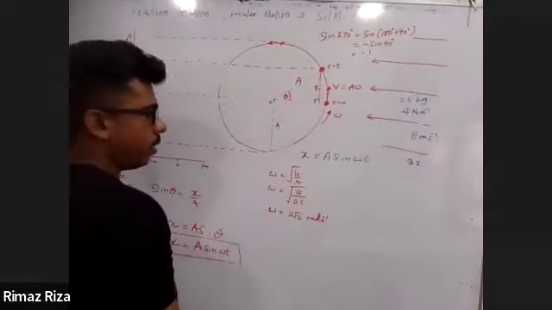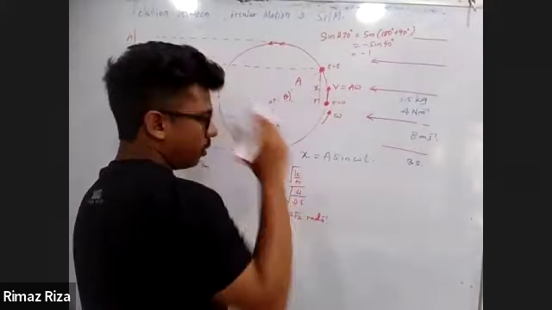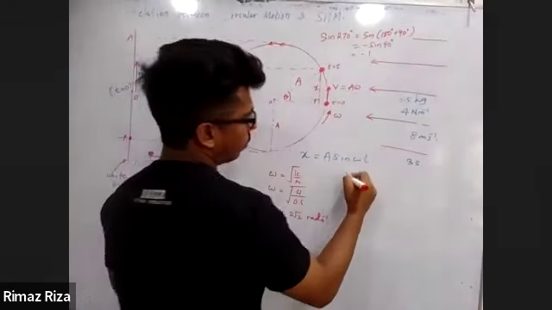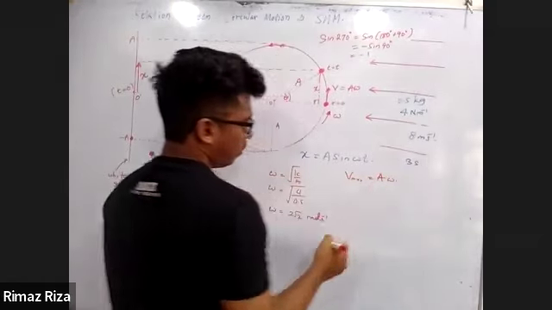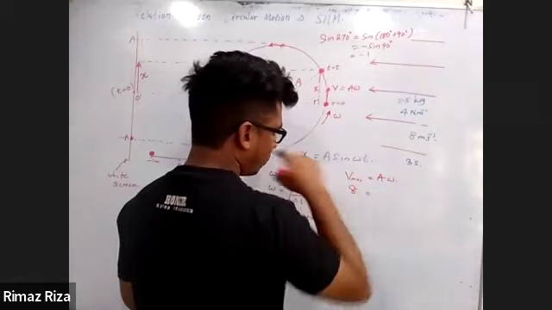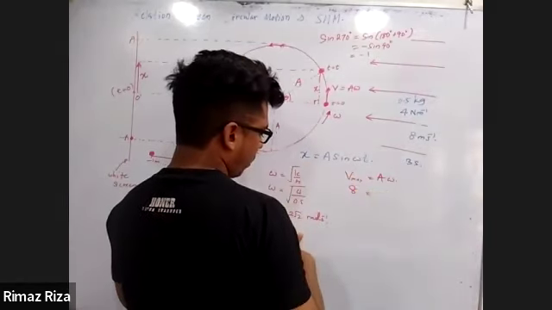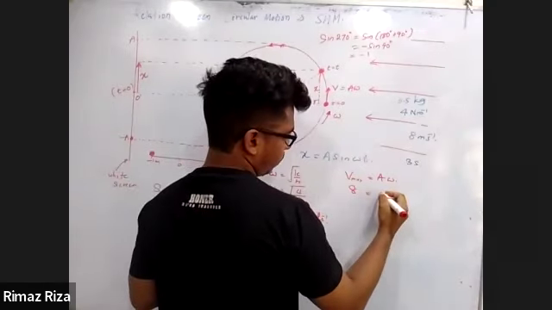And then we want to find a. For that we can use the given maximum velocity: V max equals a omega. So 8 equals a times 2 root 2.